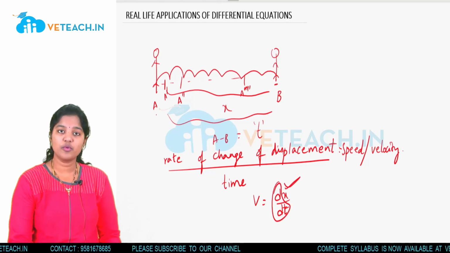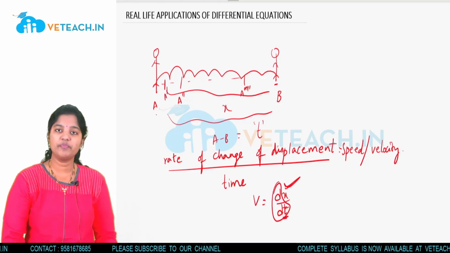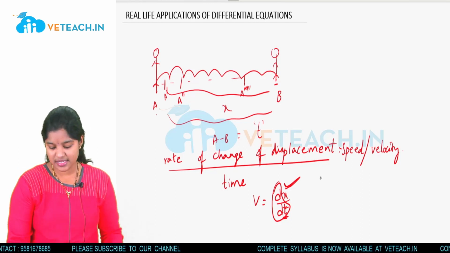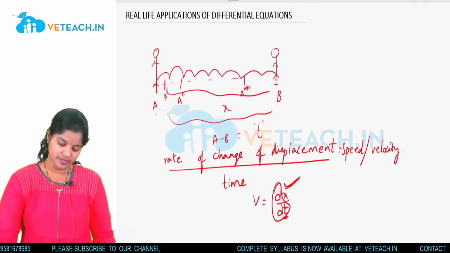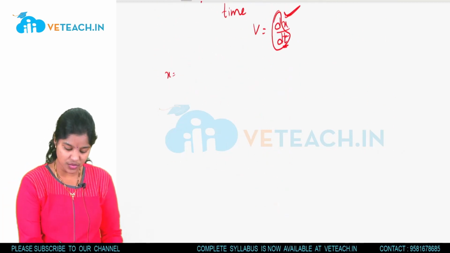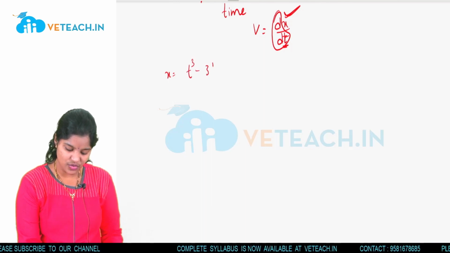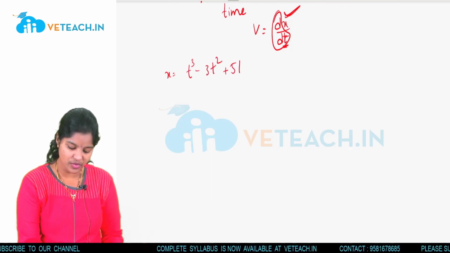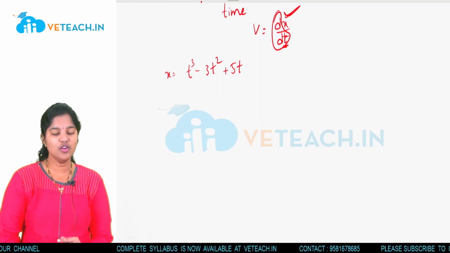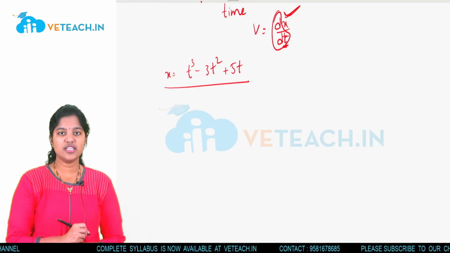That is, the rate of change of this position x with respect to time. x may be any value, it may consist of any number of terms. Let's take an example: x equals t cube minus 3t square plus 5t. Now we want to find the velocity. What should you do? You should simply differentiate this equation.